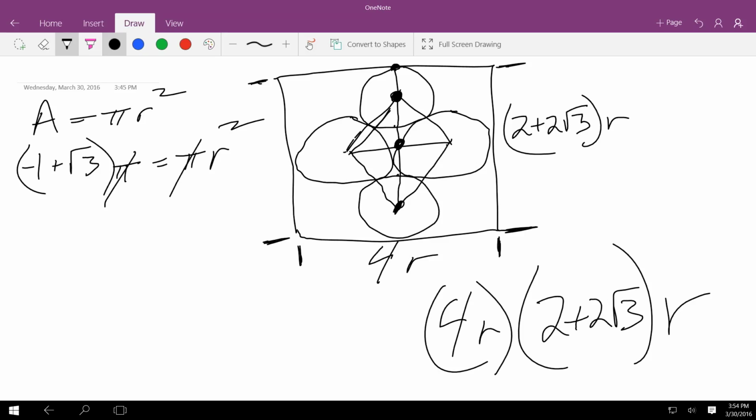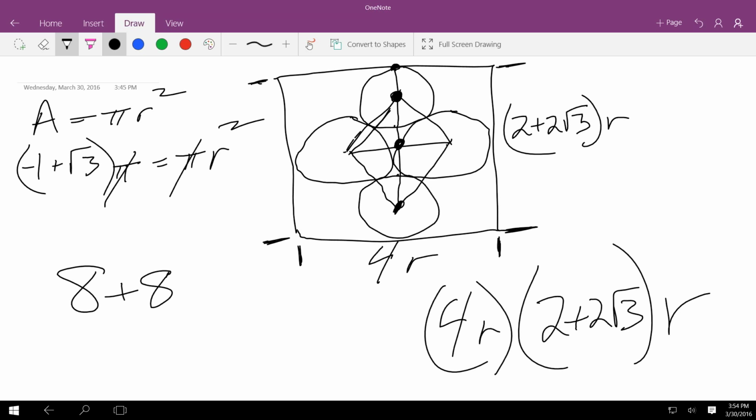Leaving it in terms of radicals, you'd have 8R plus 8 root 3 R. You can multiply the numbers and then the R's. You get the same answer.